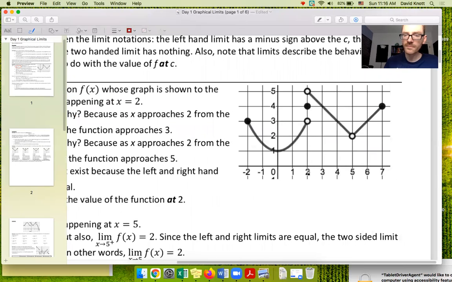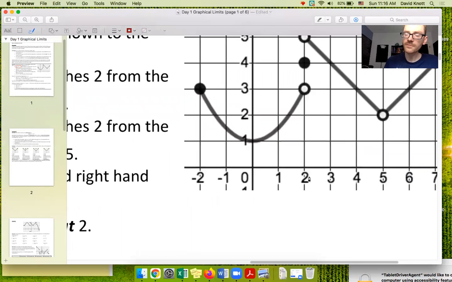You look at 2 and you ask yourself, what value is the function approaching as x gets very close to 2 from the left? So you imagine x getting very close to 2. So here you are, you're getting very close to 2 from the left. You're getting closer and closer. And as that happens, you ask, what happens to the value of the function as you get closer and closer to 2?